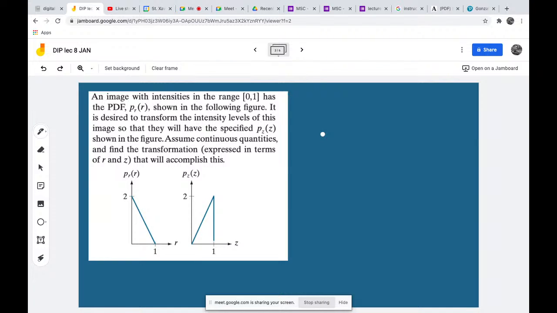So here if we subtract 2 from PR, we'll get PZ, right? We subtract 2 from these values.